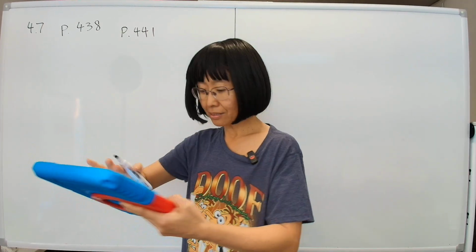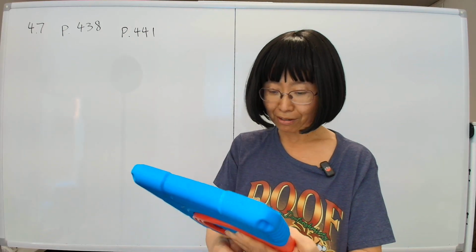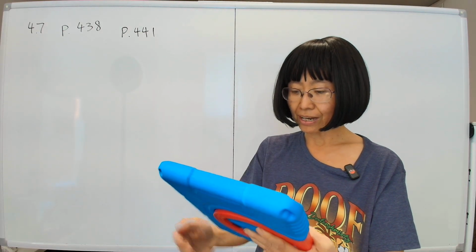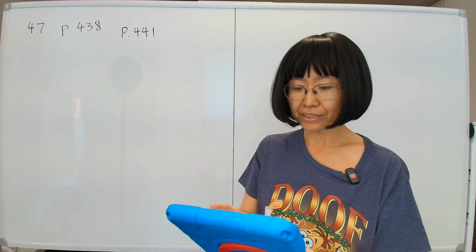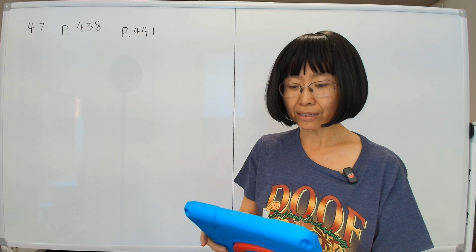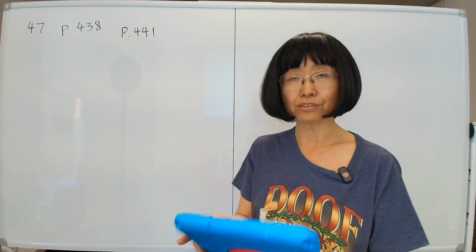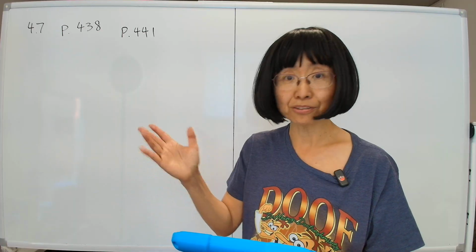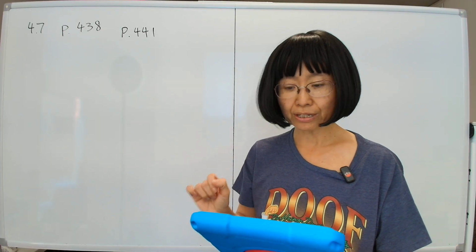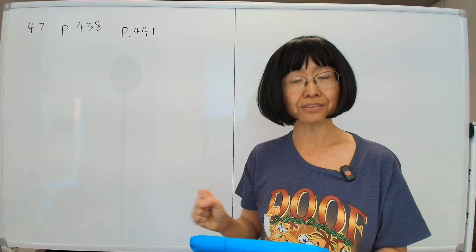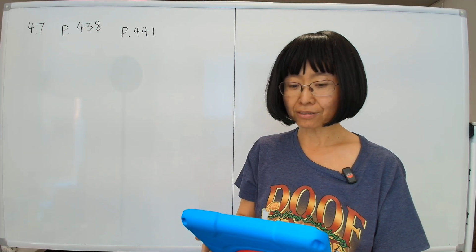Okay, the theorem says that if you have a function z equals f(x,y), our surface, defined and continuous on an open set containing some point x0, y0, and the partial derivatives also exist at x0, y0, so they're not undefined or anything like that, and if f has a local extremum at x0, y0, that is, either a local max or local min, then x0, y0 is a critical point.